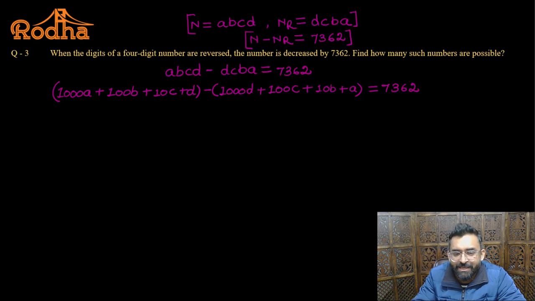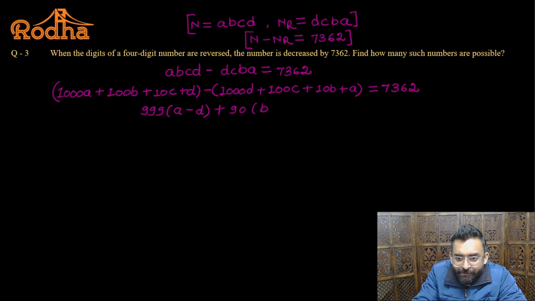So 1000A minus A is 999A. And D, minus 1000D, so minus 999D. Plus, 100B minus 10B is 90B. Minus, it's going to be 90C. And that is equal to 7362. I can divide the equation by 9.